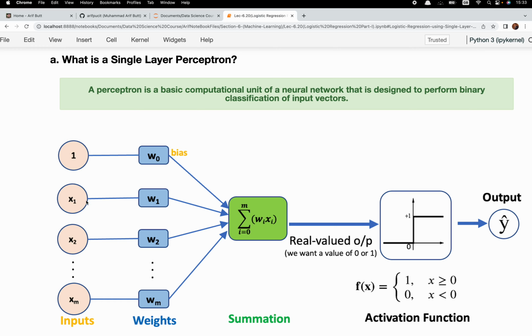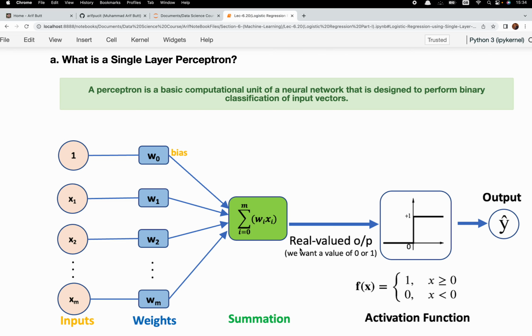The input values or features are fed into the perceptron. Each input feature has an associated weight which determines the contribution of that input feature in the final output. And over here, this bias is a constant term that allows the perceptron to adjust the decision boundary. The summation unit takes the dot product of the two vectors, input and weights, and sums them up to get a real valued output.